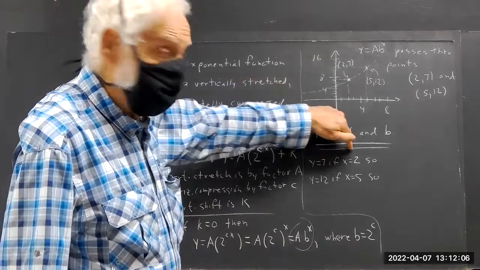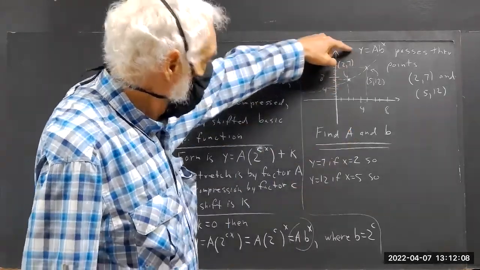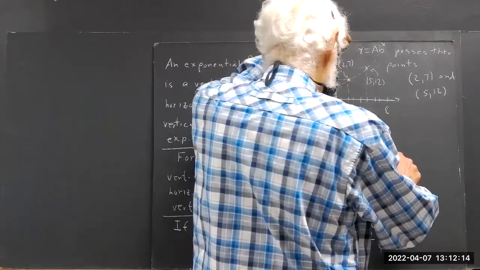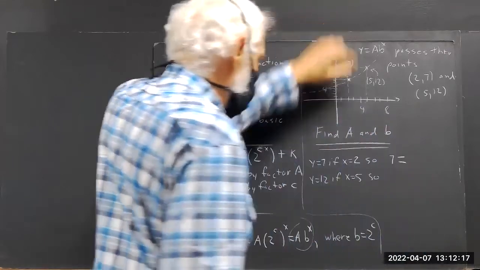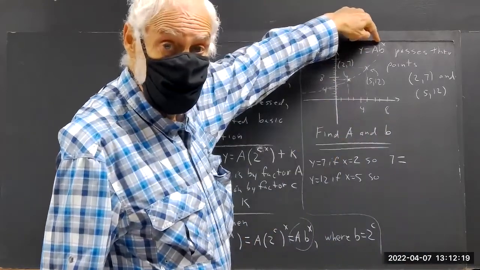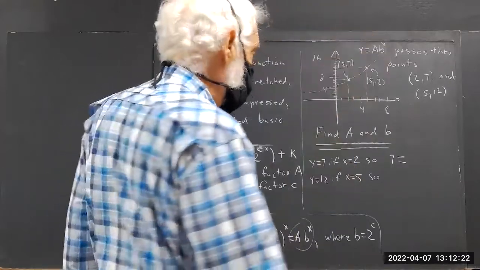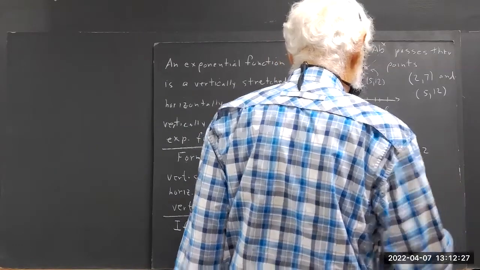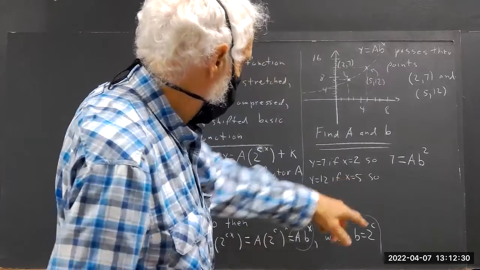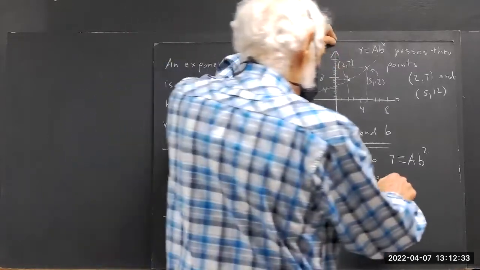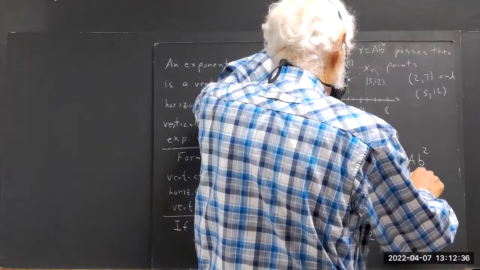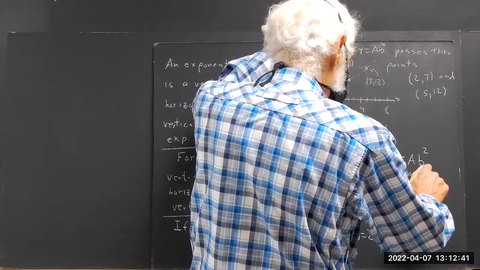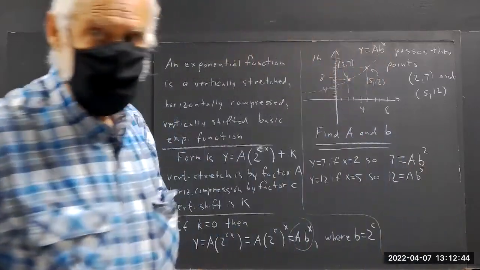Okay, so y equals 7 if x equals 2. If we replace y by 7, y is the thing on the left of the equal sign, so we get 7 equals a, and x is the exponent on b, so we have 7 equals a b squared. And if you do the same thing down here, you replace y by 12 and x by 5.